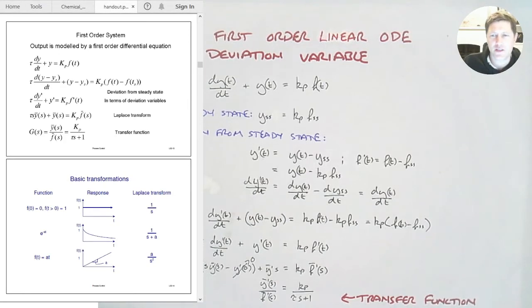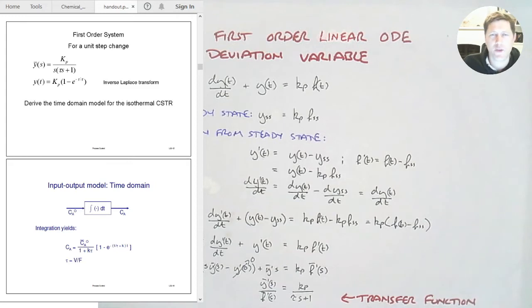How do we use this? Well, this relates the output to the input, and so we'd have to consider what's happening to the input. And various things could be happening to the input. The input could have a decay, the input could start rising, and we know that we can express all of these different types of things with the appropriate Laplace transform. So we're going to consider the case for a unit step change at time equals 0 and see how that can be accommodated.